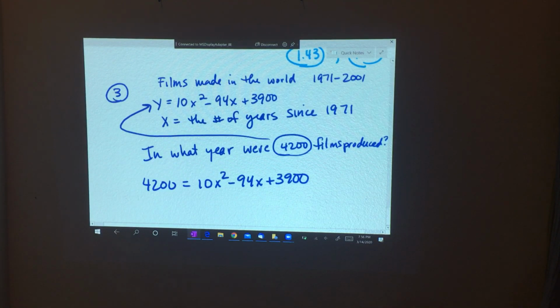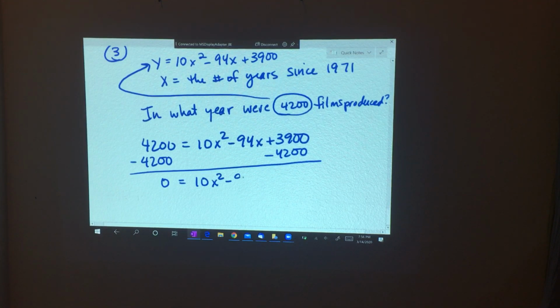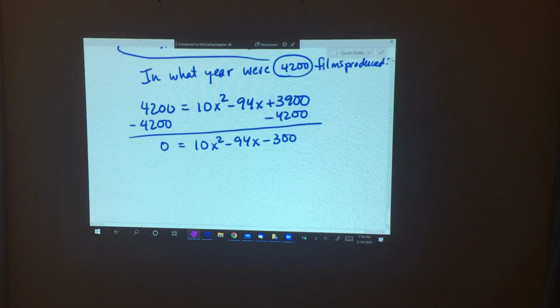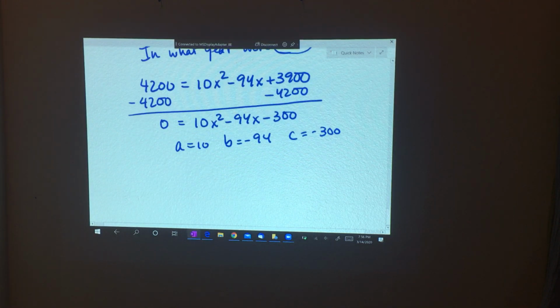And now I'm going to solve. So when I use the quadratic formula, I have to have 0. So I'm going to subtract my 4,200, and I get 10x squared minus 94x minus 300. So now I have my equation in the right form, and I'm going to put my numbers in for A, B, and C. I'm going to write down the quadratic formula.